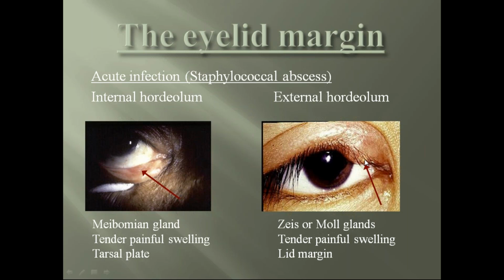And when the glands along the eyelashes, like the glands of Zeis or Moll, get involved, you call it external hordeolum. Usually in such patients, you have to rule out diabetes or some systemic infections which can cause such symptoms, or you have to advise good hygiene for the patient.